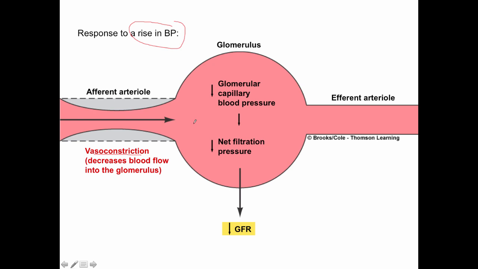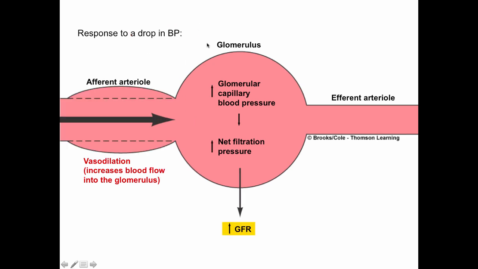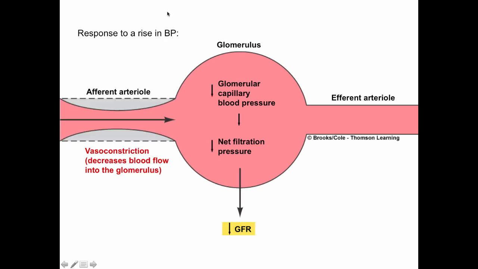So this is the mechanism for autoregulation. A drop in blood pressure causes afferent arteriolar dilation, and an increase in blood pressure brings about afferent arteriolar constriction. And this is all in order to protect capillary blood pressure from arterial blood pressure.